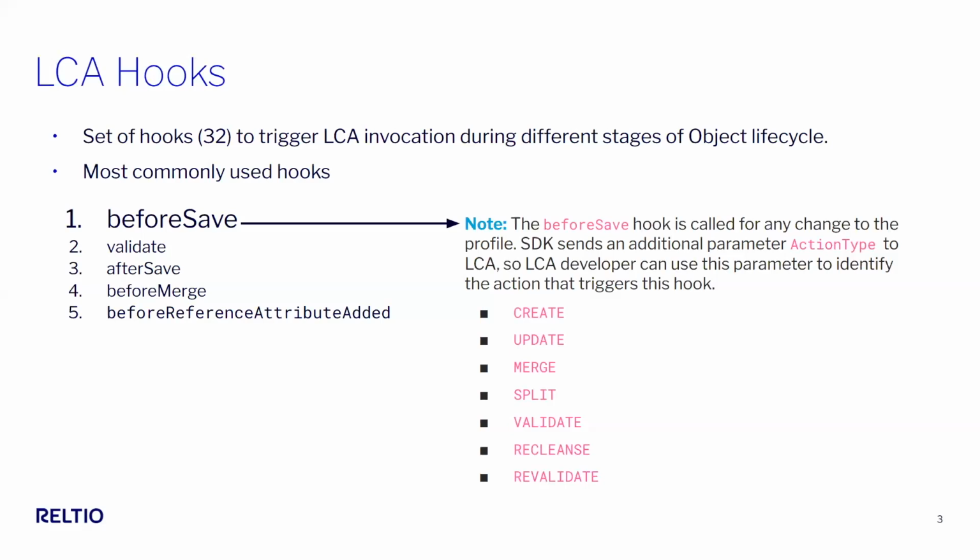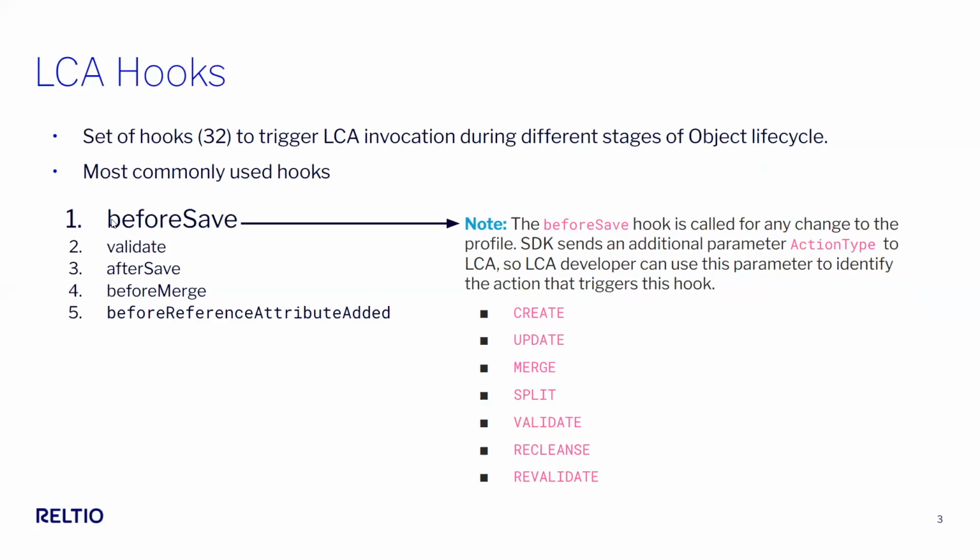The way these LCAs work is that we've configured 32 different hooks in the platform. For example, before save, validate, and after save are some of the most used hooks. For whichever operation you want to call your custom code, you configure that hook for the entity.